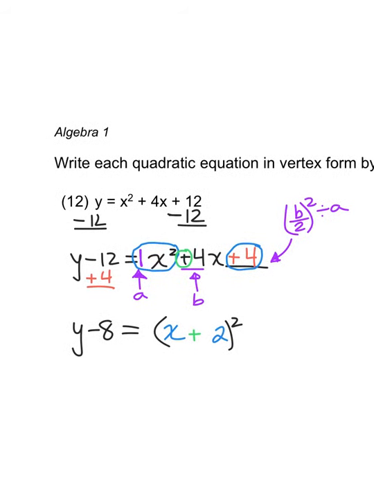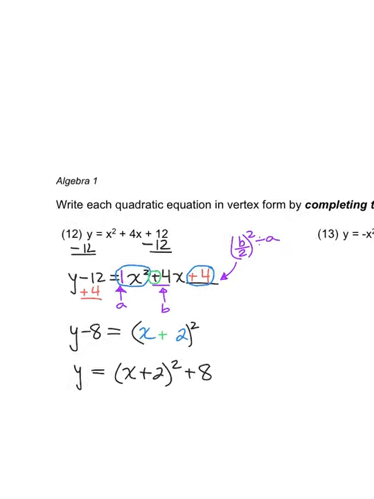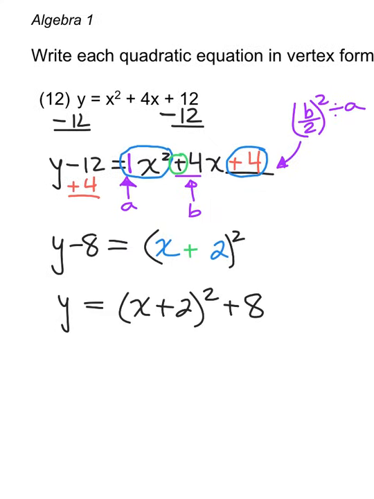Last step in the process is to bring the negative 8 over, make it a positive 8. Y is equal to x plus 2 squared plus 8, which gives us the a, h, and k values, but in this case, it's just saying write it in vertex form. All right, so this is as far as I would need to go.